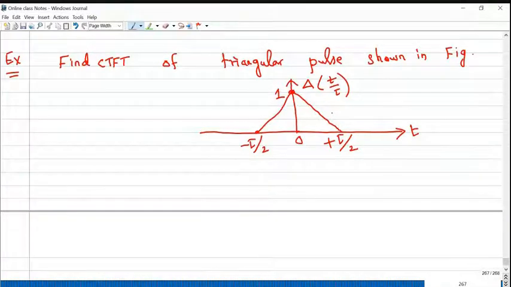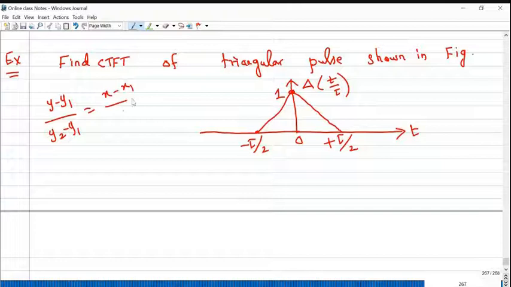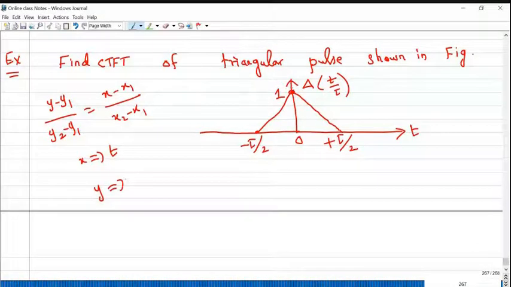In Fourier series, I taught you one simple format: y minus y1 divided by y2 minus y1 equal to x minus x1 divided by x2 minus x1. Here x represents the variable t, and y represents the variable x of t.